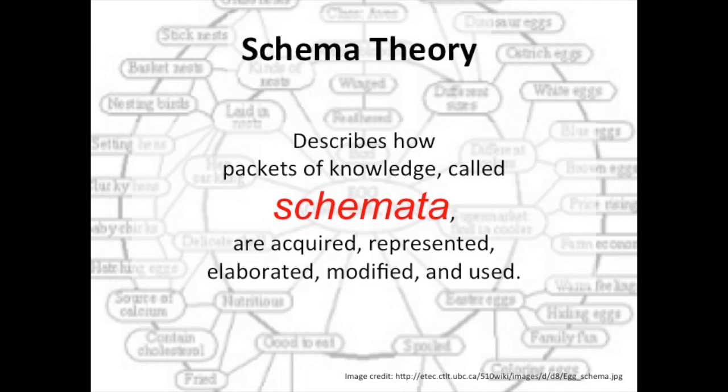Schema theory describes how packets of knowledge, called schemata, are acquired, represented, elaborated, modified, and used. Schemata are acquired and modified through the processes of accretion, tuning, and restructuring. Accretion means fact learning, in which new information is remembered within an existing schema. This is similar to derivative subsumption described earlier.